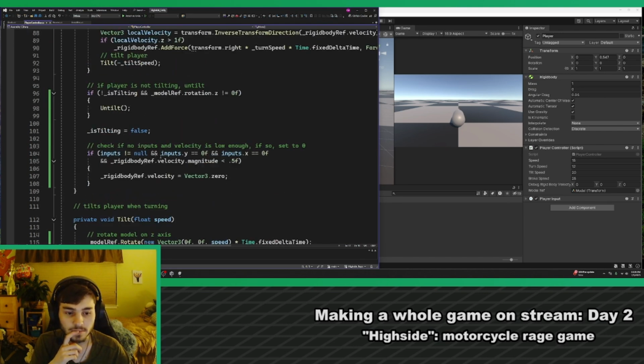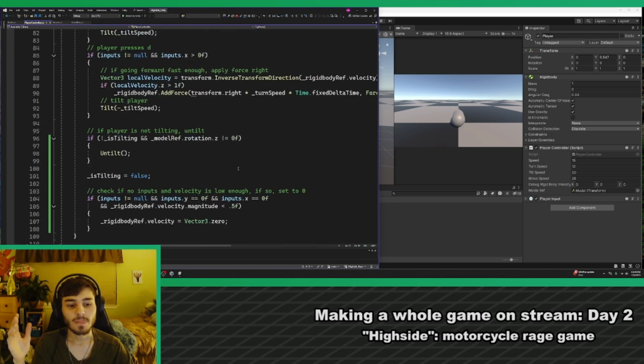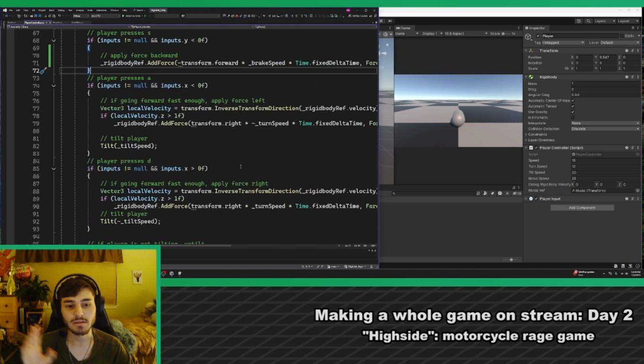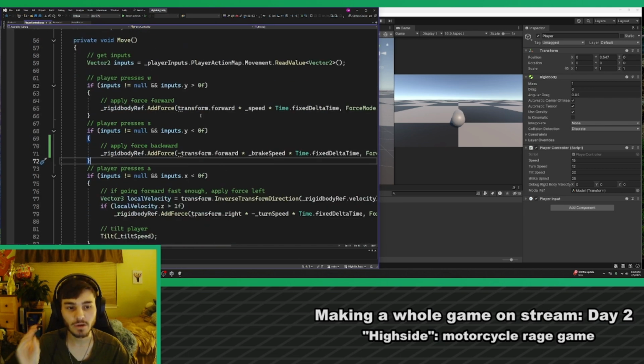So this happens when our velocity dot magnitude is low enough that it's basically 0, so we're going to set it to 0. That doesn't happen. We're not checking that if we're pressing any buttons. But what if we check that even if we're pressing buttons?